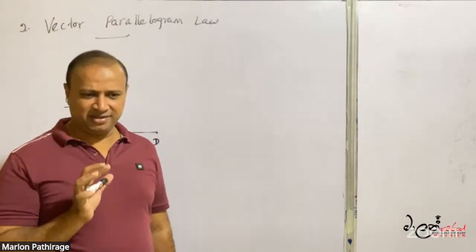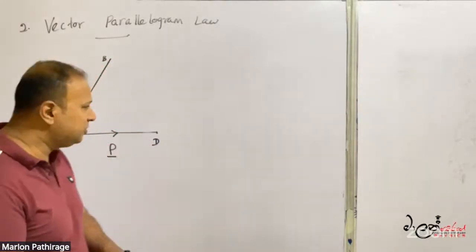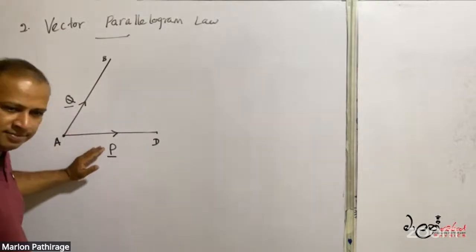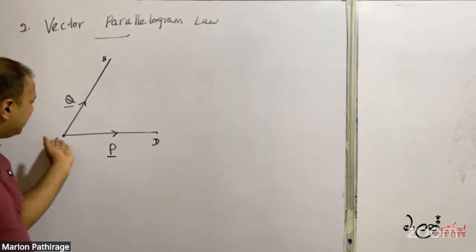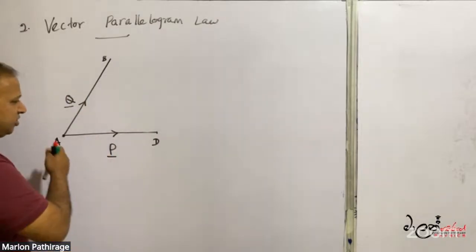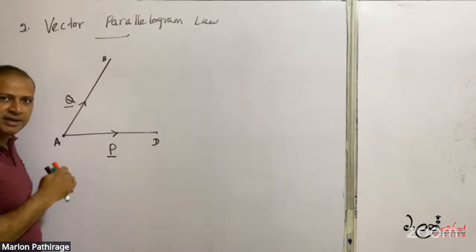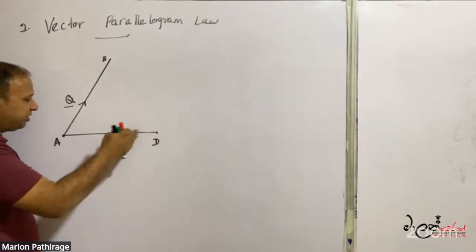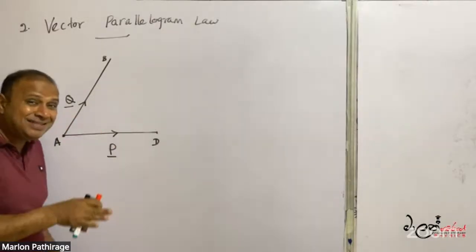So what is the construction? Now it is very clear these two are straight lines. Therefore, we can consider these two straight lines as two adjacent sides.